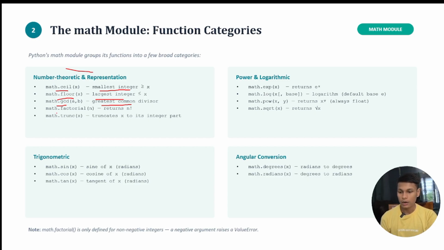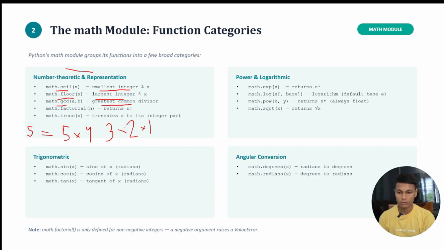After that we have factorial. What is factorial? Say I want to calculate the factorial of 5. What is the factorial of 5? It is 5 multiplied by 4 multiplied by 3 multiplied by 2 multiplied by 1.